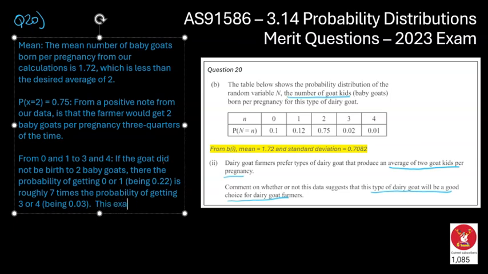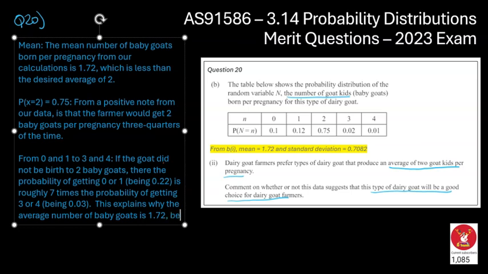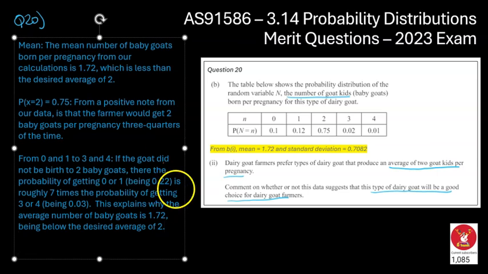So that's why the average is lower. This explains why the average number of baby goats is 1.72, being below the desired average of 2. So based on this, we kind of need to wrap up with a conclusion.